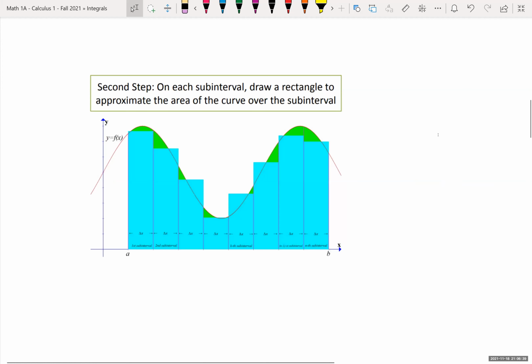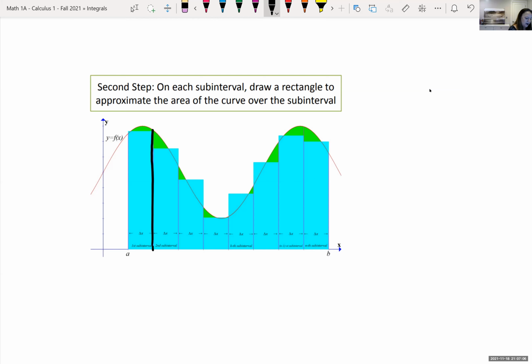So the second step: on each subinterval, we're going to draw a rectangle to approximate the area. This is our first subinterval, and we're going to draw a rectangle. I'm going to show you in a minute that there are different ways we can draw this rectangle, but we're going to draw rectangles for each interval.